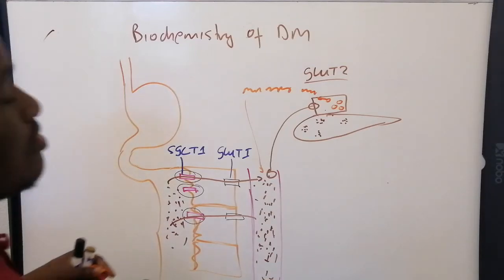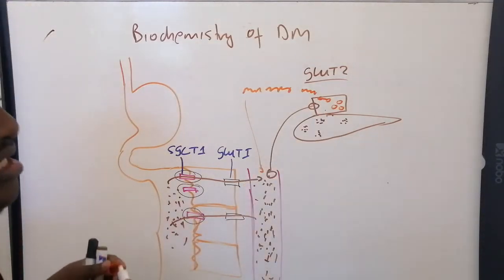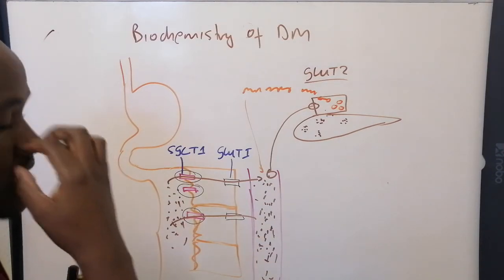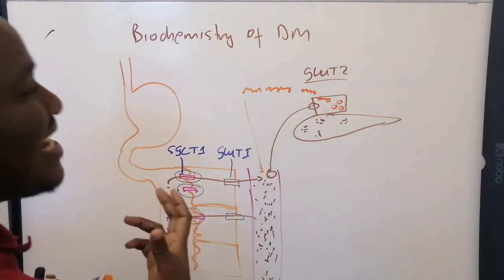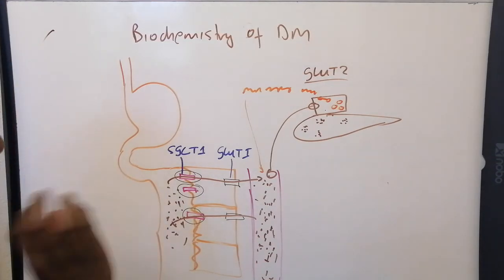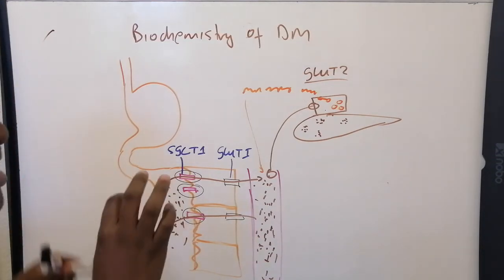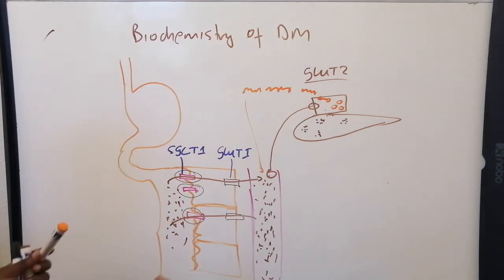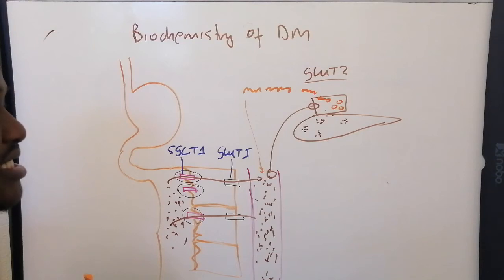So this is how the beta cells sense the state of hyperglycemia through the GLUT2. The GLUT2s are very important for sensing hyperglycemia, because they're the ones that allow glucose to come in, and then because there's a lot of glucose that comes in, there are chemical reactions that take place in the cell.